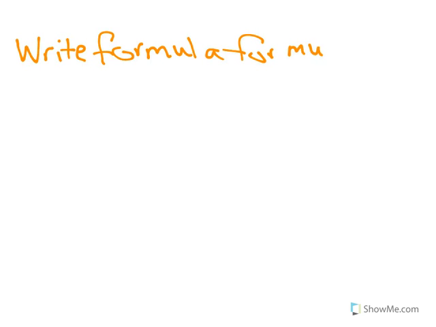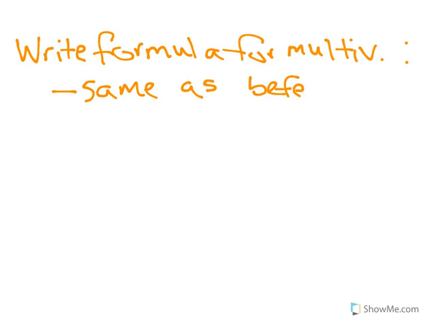All right, so now let's talk about writing the formula. Okay. This is going to be the same as before. So you're going to write the symbol, crisscross, exactly like you did before.